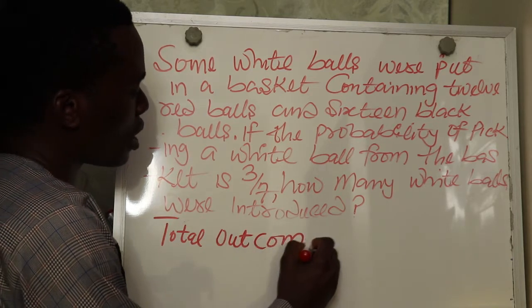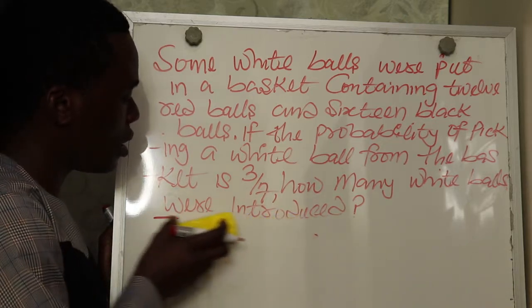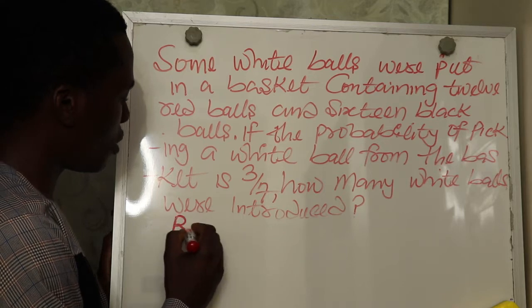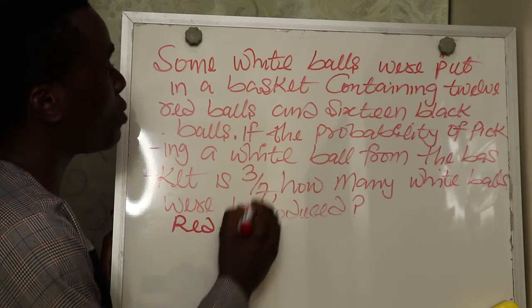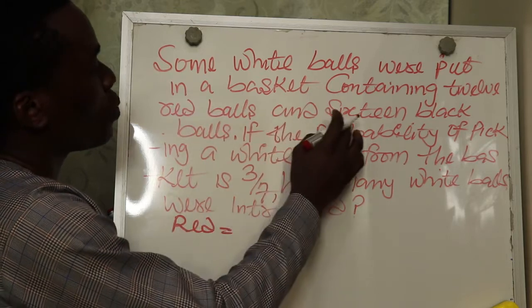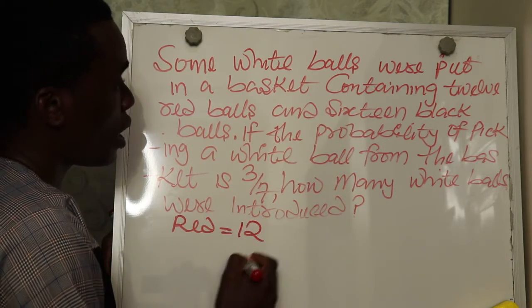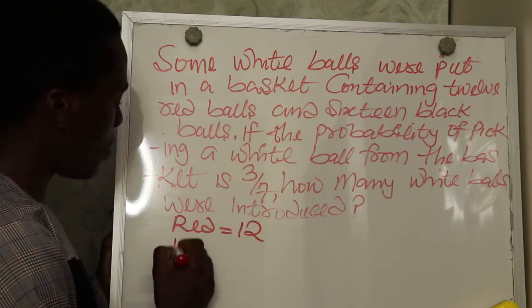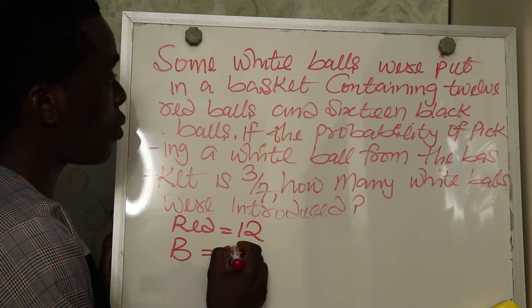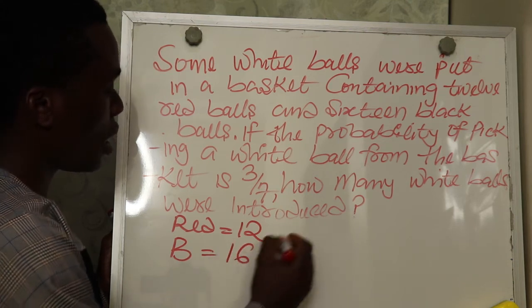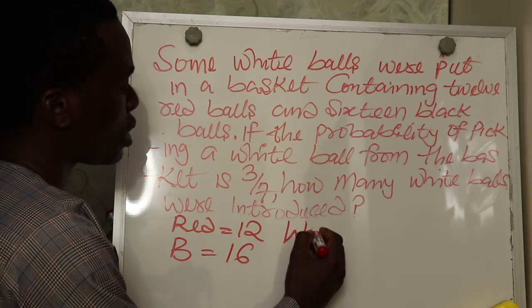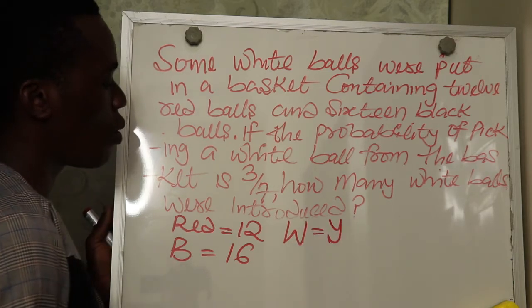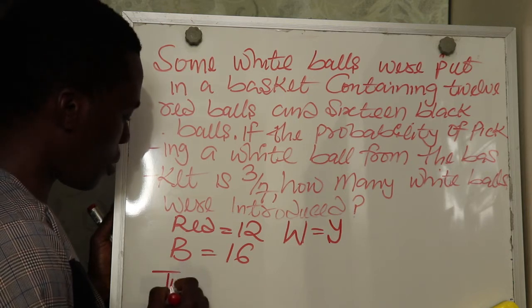To get the total outcome, we have to look at the number of balls we are given. We have our red balls, which we are told is 12, and our black balls, which is 16. Our white ball was introduced and we don't know the number, so we'll take the number of white balls to be y.